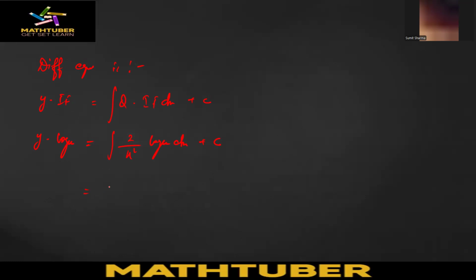Now we will take 2 outside, and this is log x into 1 upon x square dx. So according to ILATE, this should be first and this should be second, right? So here, first as it is, integration of the second.